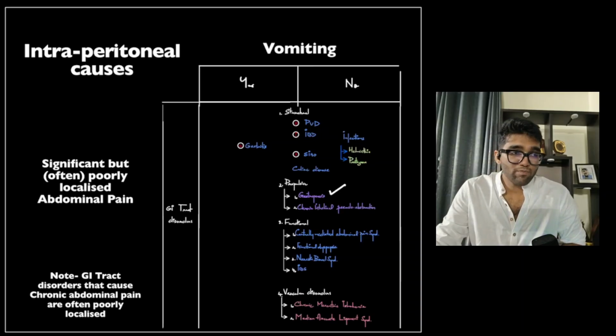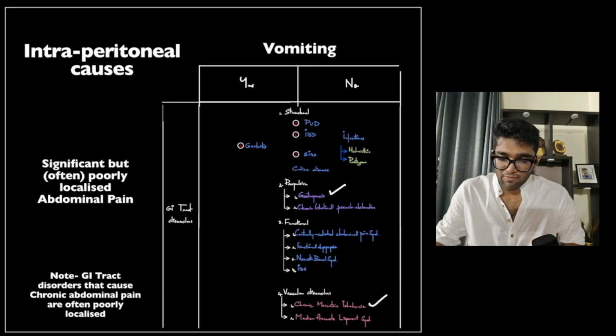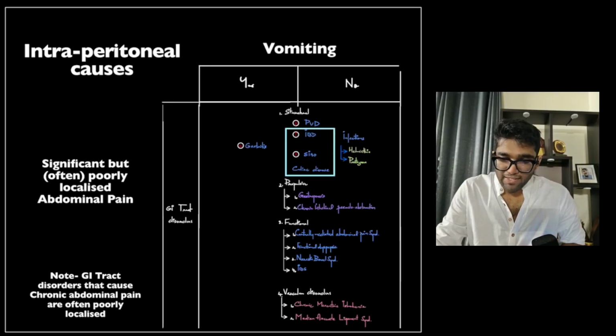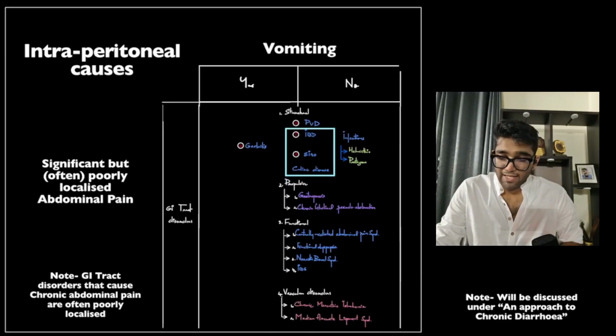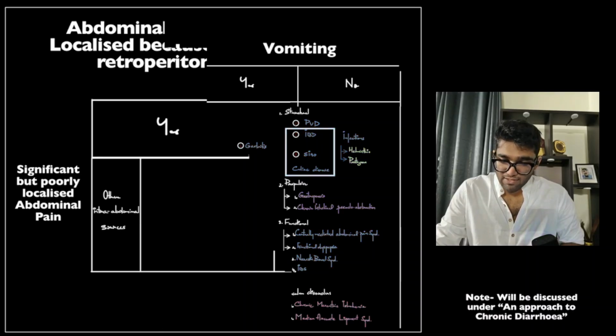It can also be due to actual multifocal involvement of the gastrointestinal tract, like in chronic mesenteric ischemia. Okay. Now, I'll be discussing these three disorders, that is IBD, small intestinal bacterial overgrowth, and celiac disease under an approach to chronic diarrhea, and they will not be included in this series.